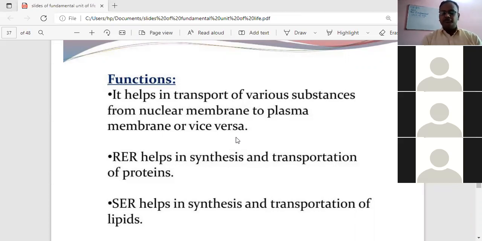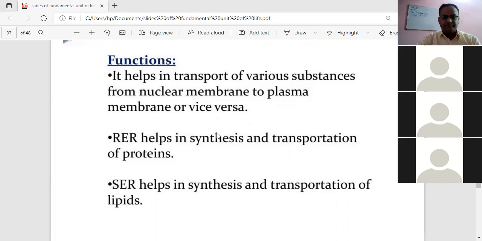RER, as I already told you, the rough endoplasmic reticulum, helps in synthesis and transportation of proteins. On the other hand, the smooth endoplasmic reticulum, which is not associated with the ribosome, helps in synthesis and transportation of lipids.